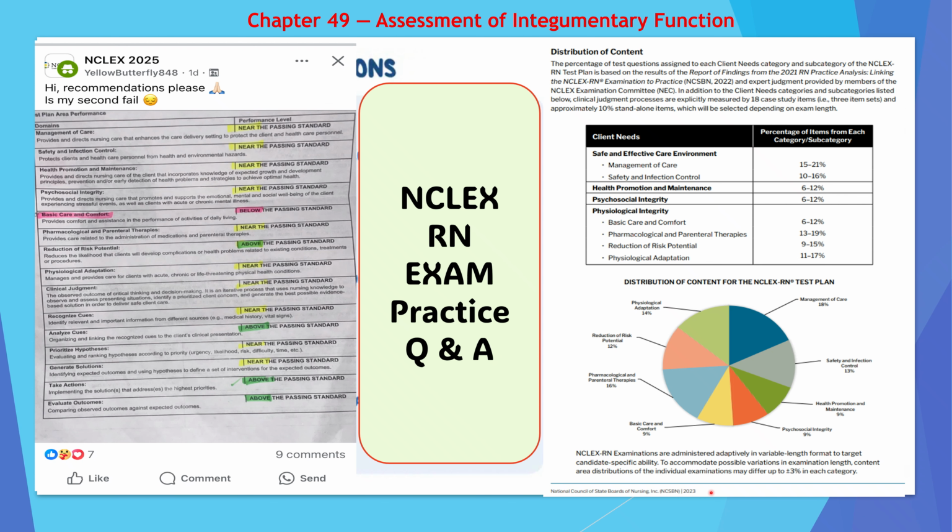So let me give you an example, like recognizing cues. You need to know how the question is recognizing cues. Okay, I know this and it seems okay, but actually it's asking what clinical manifestations are observed in this patient.